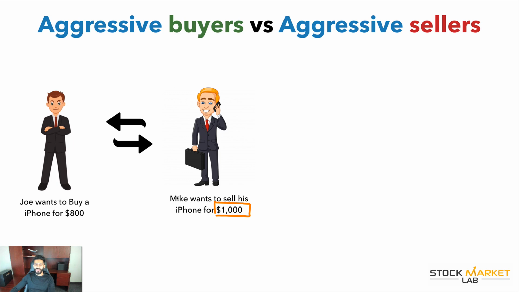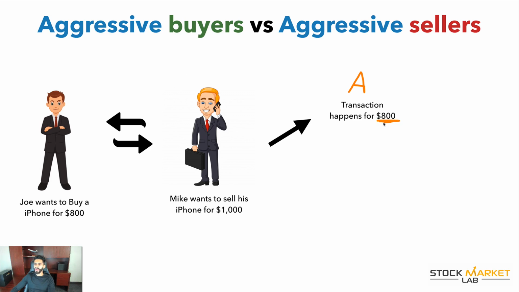So now the question comes, how do we identify who's more aggressive, the buyer or the seller? Let's say, for example, in situation A, the transaction happens for $800. So this transaction happens between the two of them. They negotiate a price, and the price negotiated is $800.